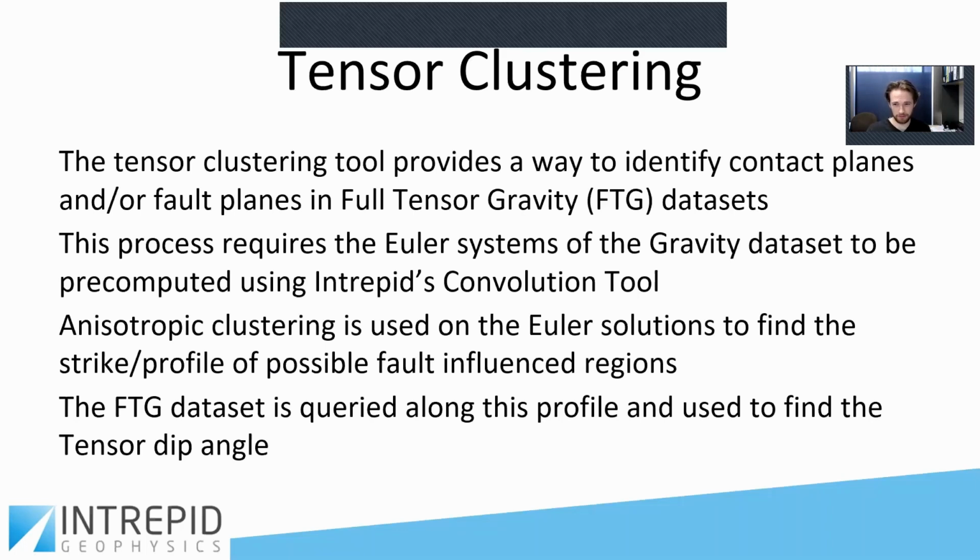We're going to use a different tool initially just to create these Euler solutions, and then we'll use the clustering to see how they fit together and to produce a strike for the faults within the data set.